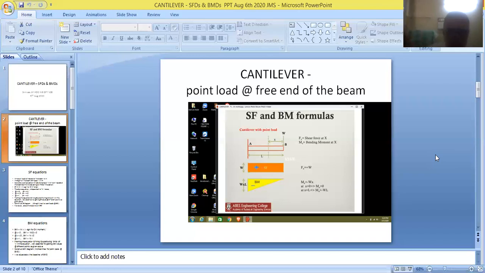Because of this downward force, the beam has a tendency to move in clockwise direction. So it is a clockwise movement. Therefore, a negative symbol must be allotted to this particular value.